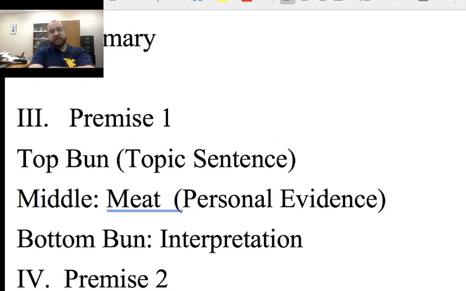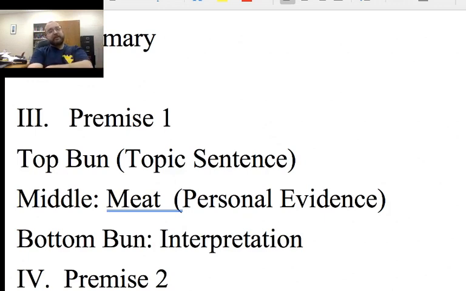Let's say your thesis was I agree with Tannen because of dress. You would basically repeat yourself right here. Tannen's argument about dress is sound, something like that. That reminds the reader of what your argument is. It shows the reader what you're getting ready to argue.